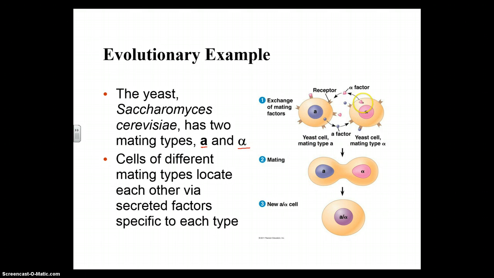As you see here, an alpha yeast cell secretes a pink factor, which then binds to the receptor on the surface of the A-type cell, and the A-type cell does the same. You can see the shape of the signal matches the shape of the receptor. There's a specificity here, similar to what we experience with hormones.